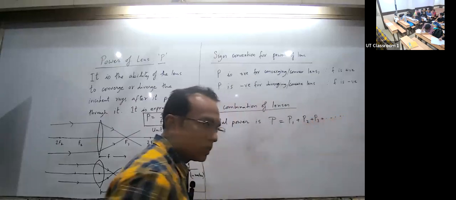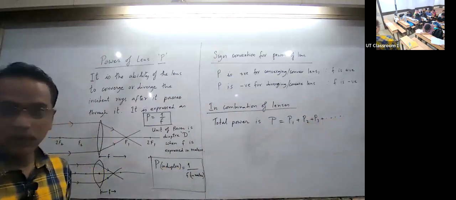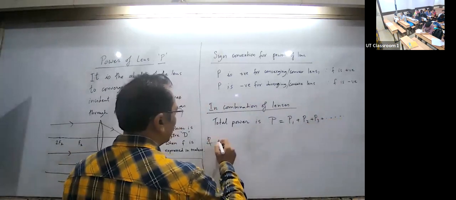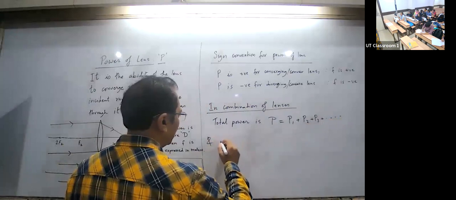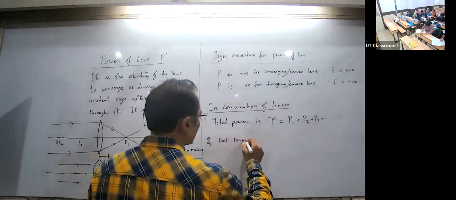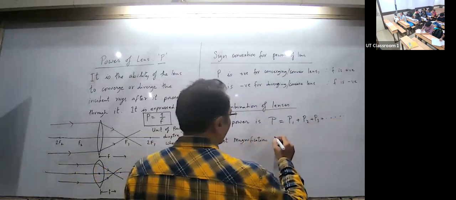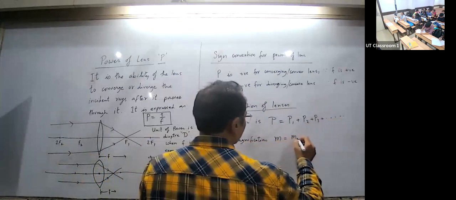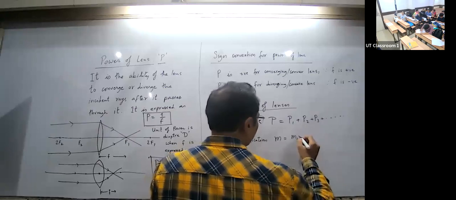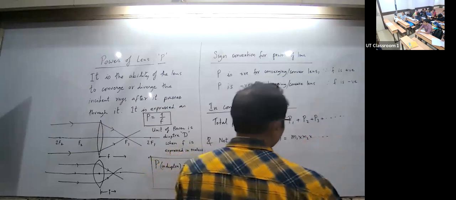All the powers of the lenses will be algebraically added with their signs, right? And net magnification M is equal to M1 into M2. In this case, it is multiplied.